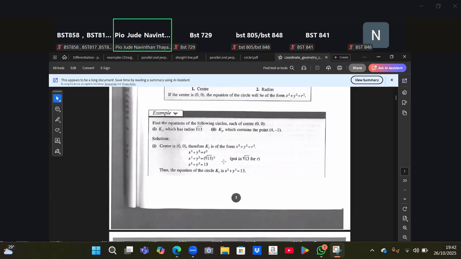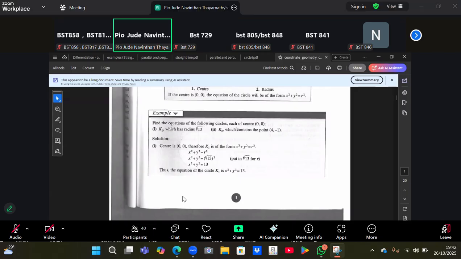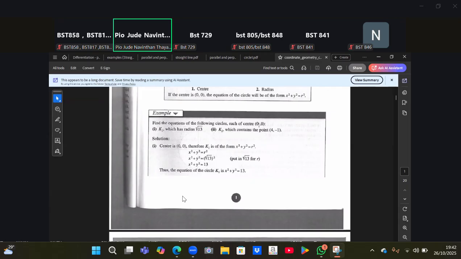x square plus y square is equal to r square. Now the question is, find the equation of the following circle. Each has center 0, comma 0, so x square plus y square is r square. That is the default. The first circle K1 has radius root of 13.